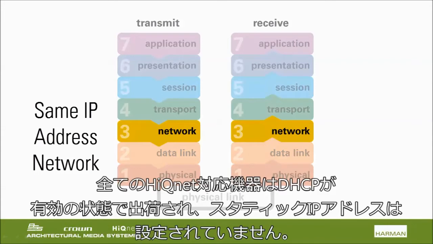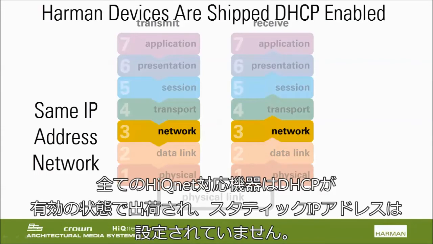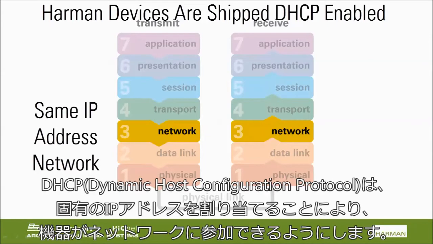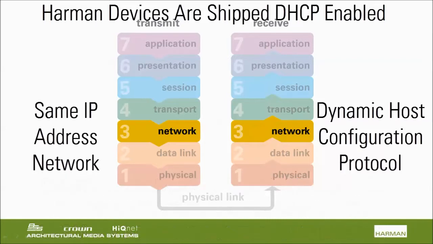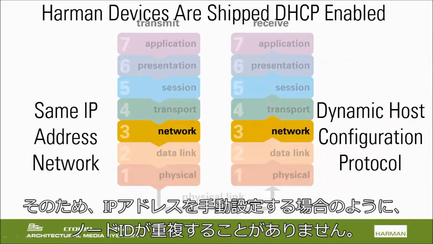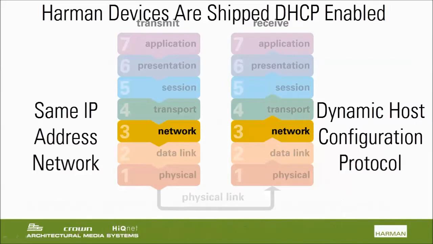All new Harman devices are shipped with DHCP enabled, not with a default static IP address. DHCP stands for Dynamic Host Configuration Protocol and allows a device to join a network by assigning a unique IP address to it, instead of manually pre-configuring the device IP address for a network without duplicating a node ID.